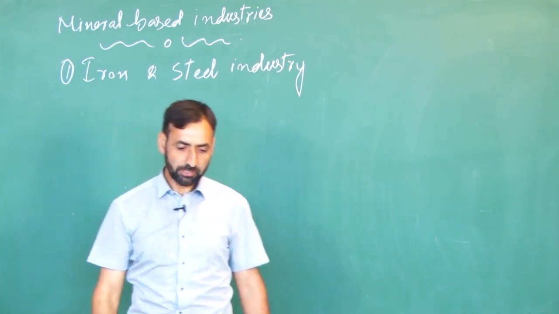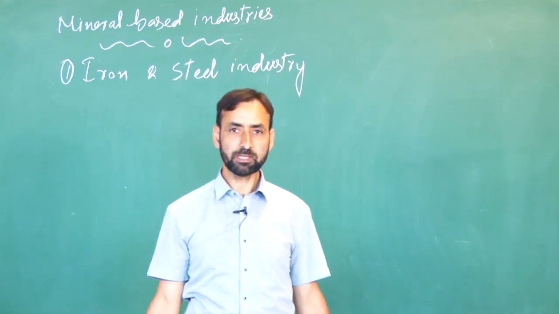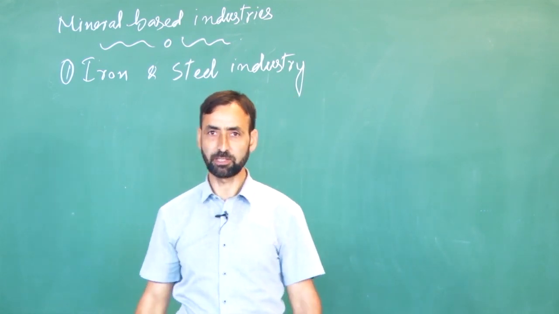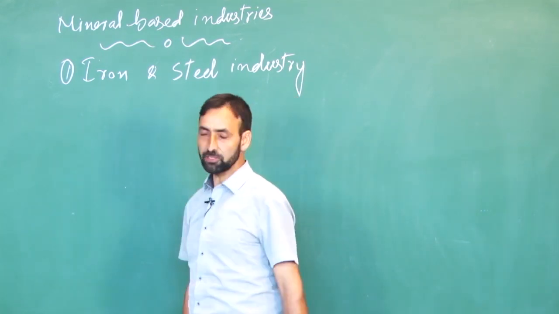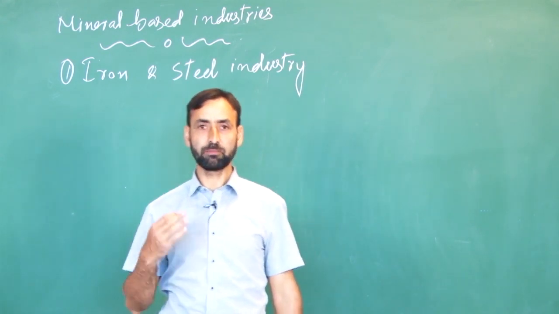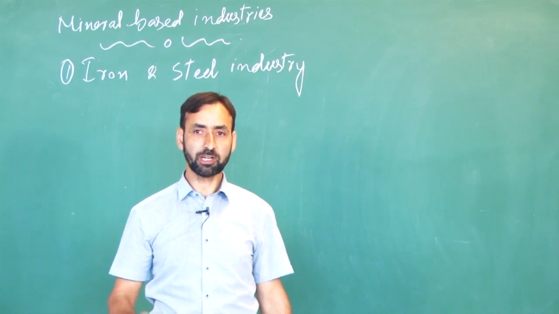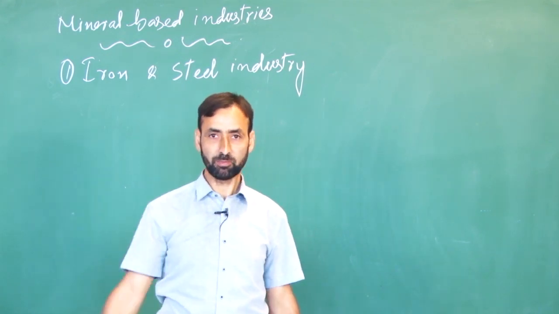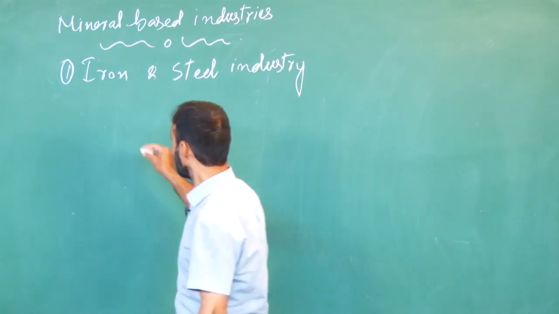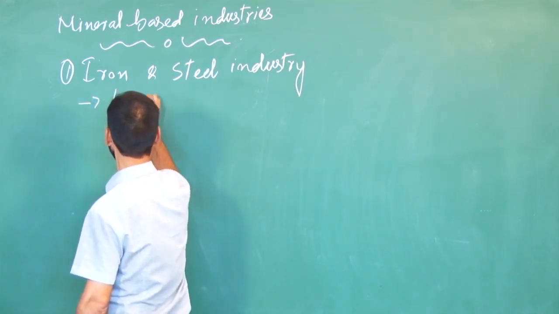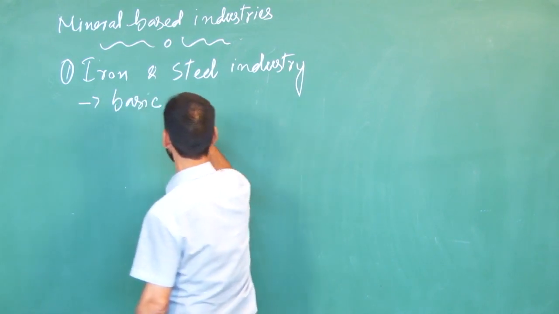Iron and steel industry actually is a basic industry. You know what is basic industry and consumer industry. Basic industry provides the pure material to the consumer industry, and consumer industry convert it into available products. Now iron and steel industry is a basic industry.